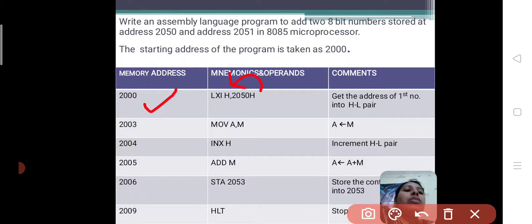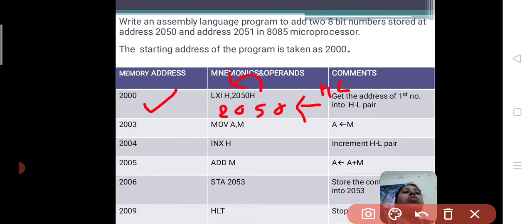In the comment section we read: get the address of the first number into the HL pair. So LXI H, 2050 means get the address of the first number into the HL pair.